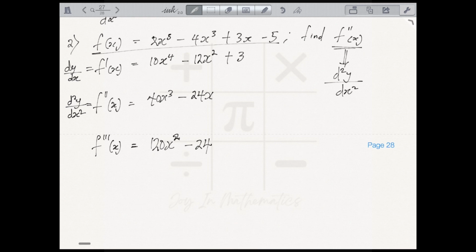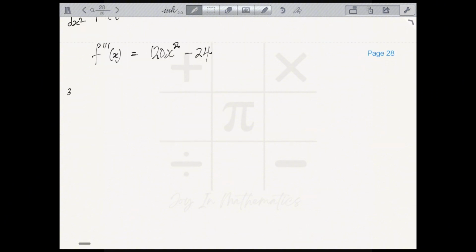Again, let's take another example. Number 3. We're given that y is equal to 3 sine 2t plus cos t, and we are asked to find the second differential coefficient with respect to the variable.